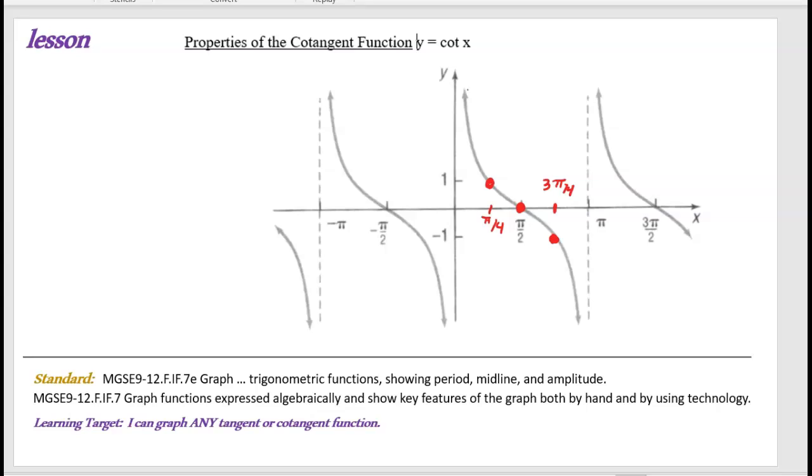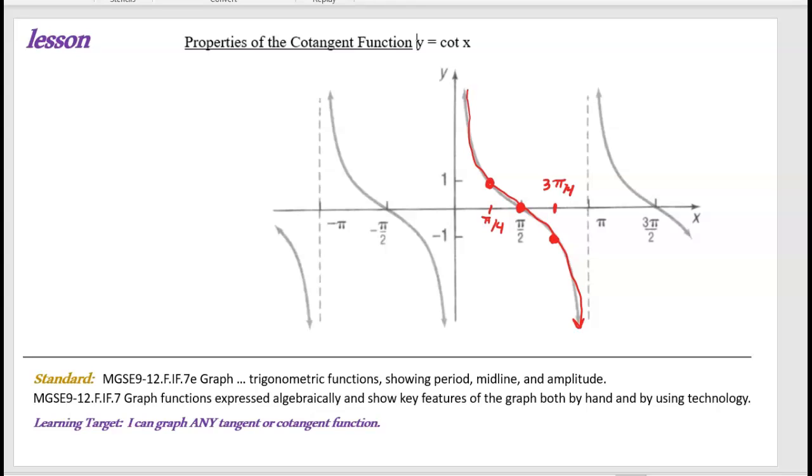It looks like a reflection and a shift of tangent, which it actually is. If you were to reflect this over the x-axis and shift it pi over 2 to the left, it would be the tangent function. So you can manipulate cotangent and make it tangent, just like a lot of you noticed you could easily manipulate sine for cosine and cosine for sine. Okay, so very similar characteristics.